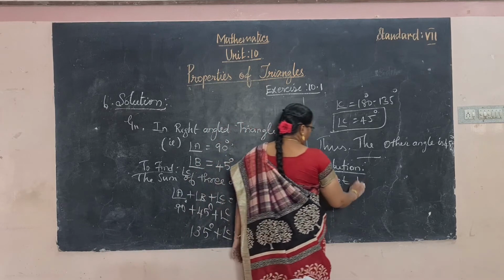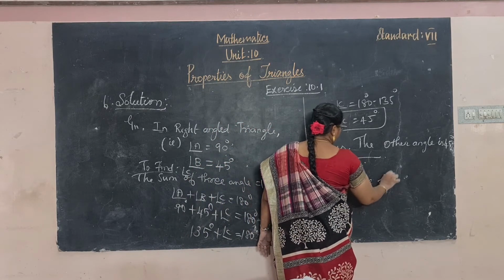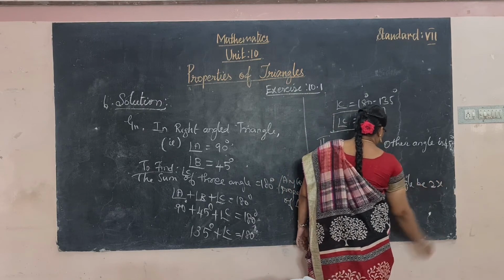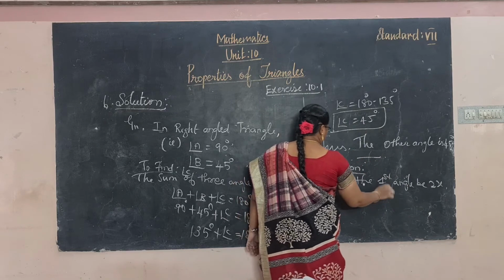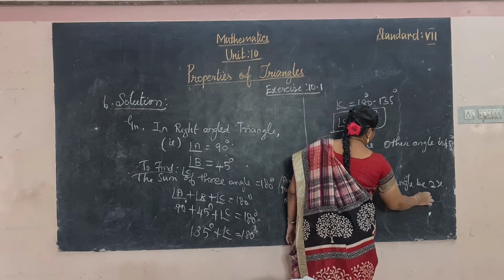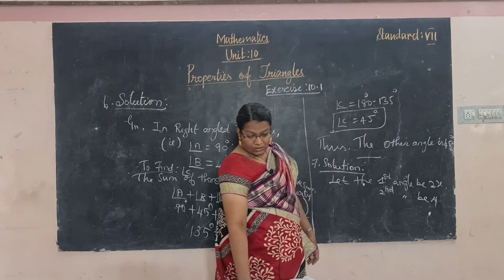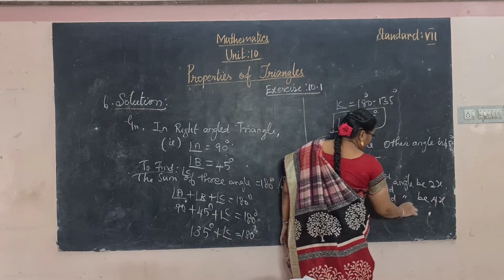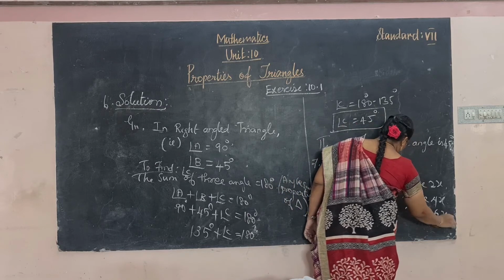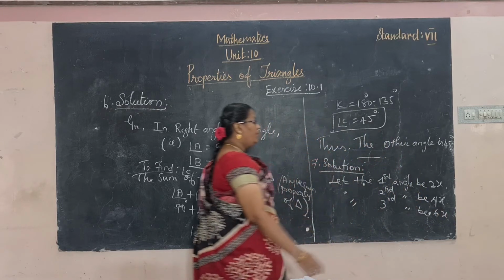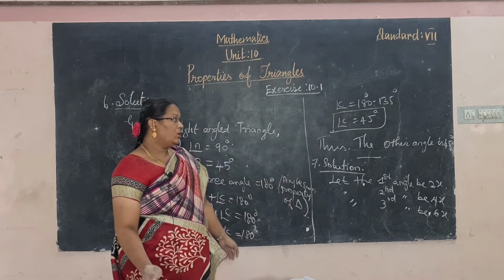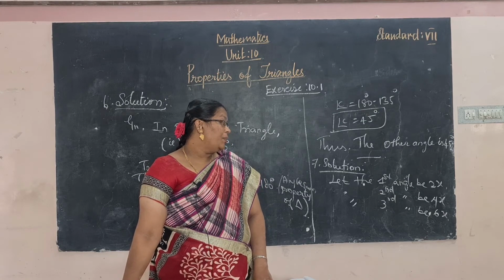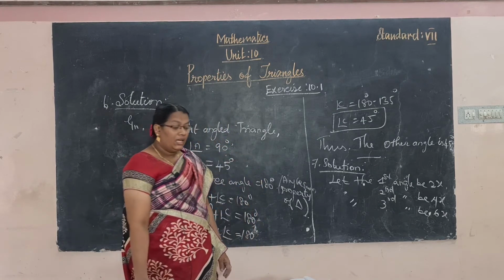Let the first angle be 2x, the second angle be 4x, and the third angle be 6x. Now we have to find each angle.